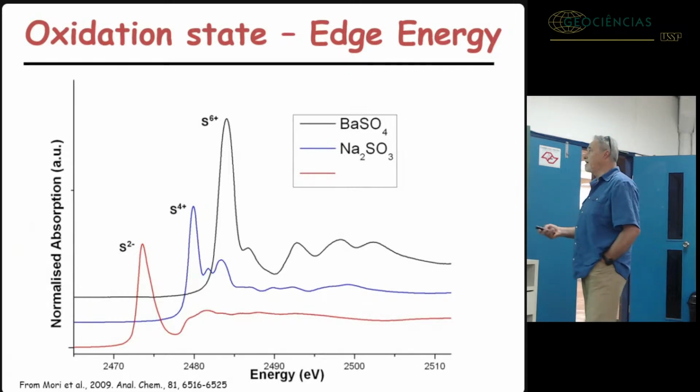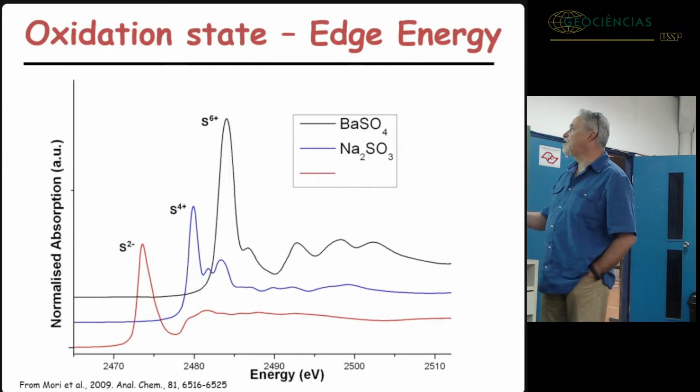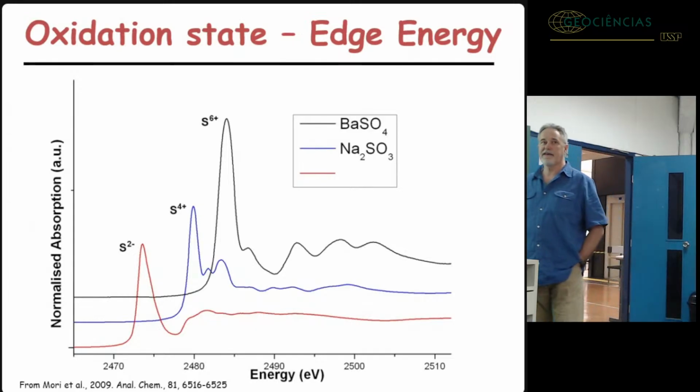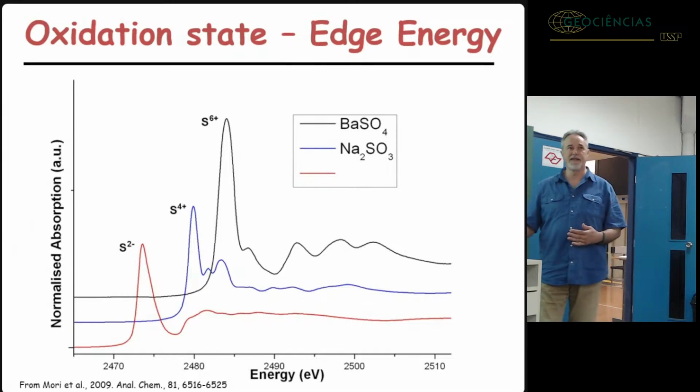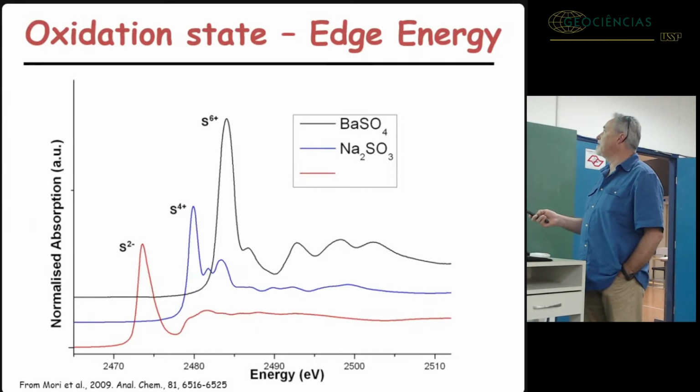And we can see grossly that in some cases there is a very large energy shift of this absorption edge according to the oxidation state. In this case, it is exaggerated by the fact that sulfur can go from 2- to 6+. So there is an 8 oxidation number difference.